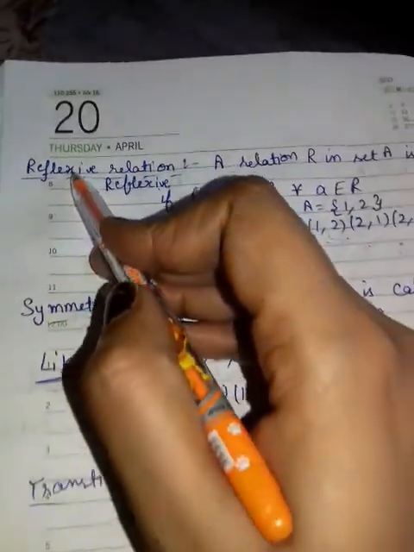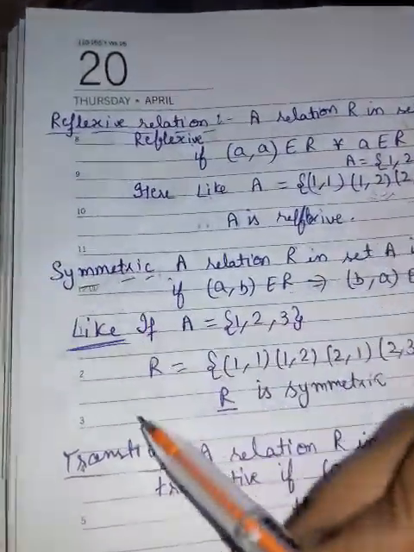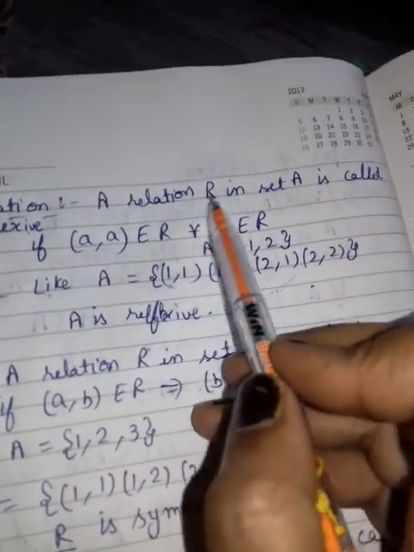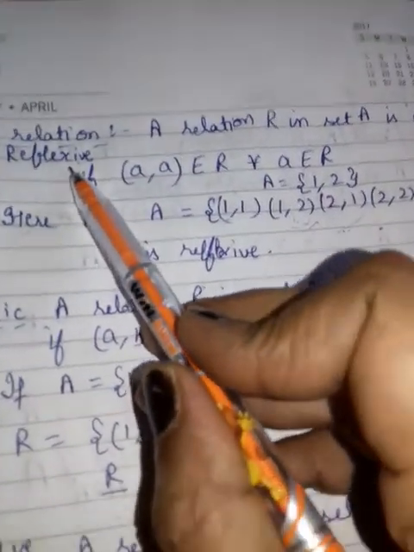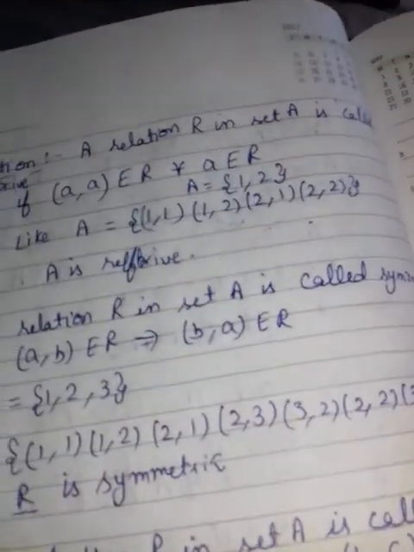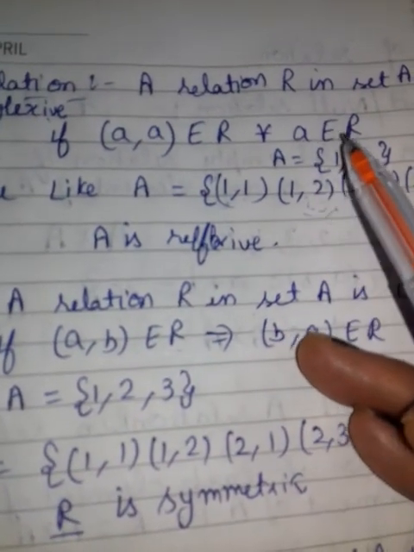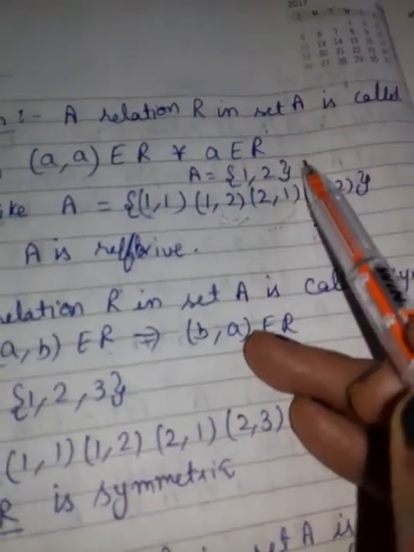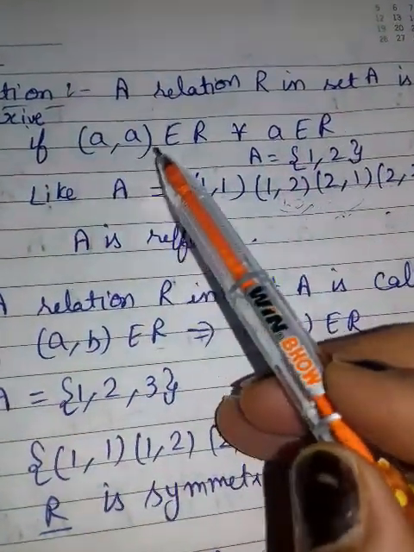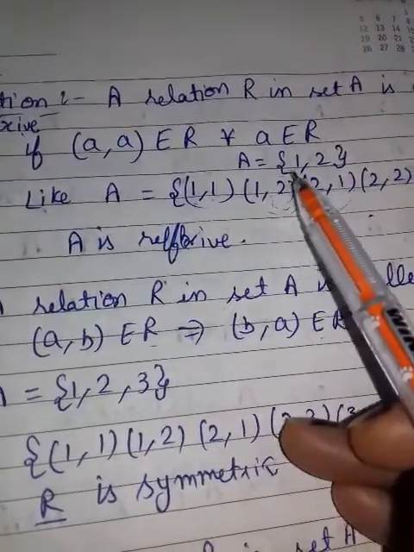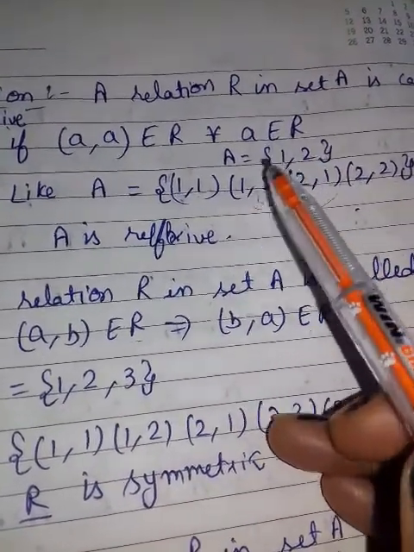Next one is reflexive. These are very important relations: reflexive, symmetric and transitive. A relation R on a set A is called reflexive if (a, a) belongs to R for all a belonging to A, meaning every element is related to itself.